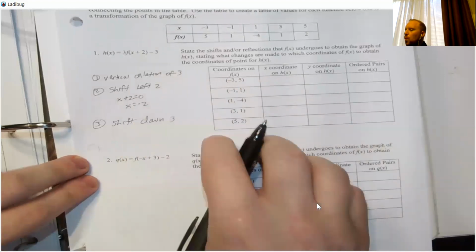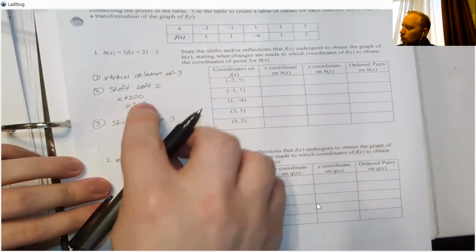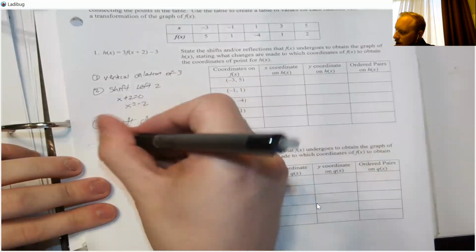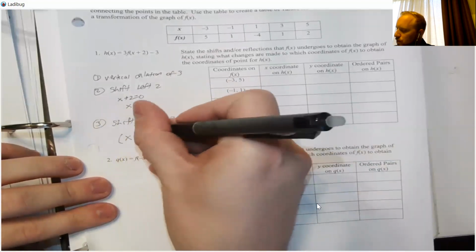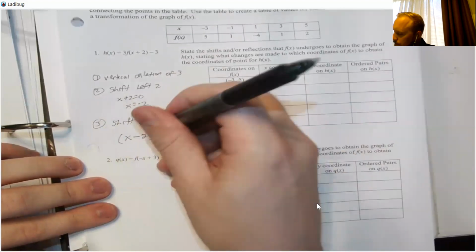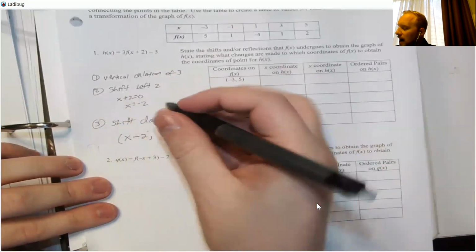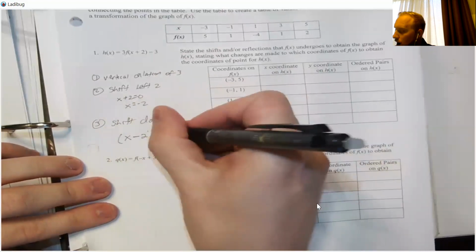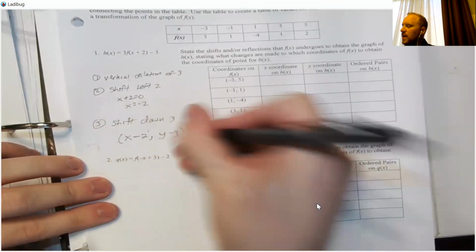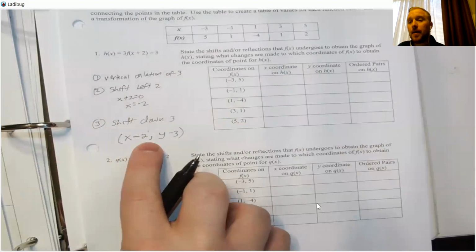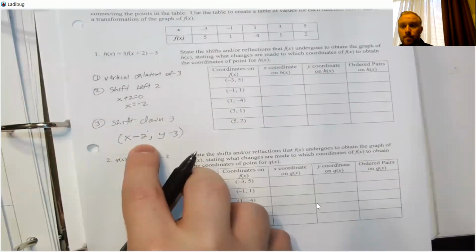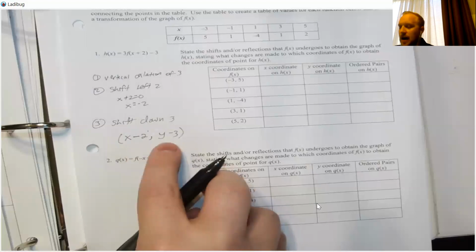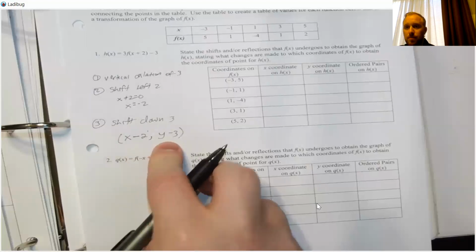Horizontally, if it's going to the left, our points are doing this: left means -2. Our y value is shifting down, so it's the y -3. So for each point, the x value is going to be -2, and the y value is going to be -3.